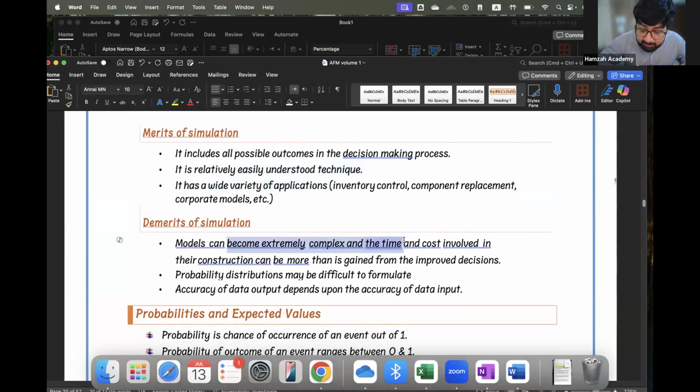Demerits: complex calculation, high cost, data input and collection is very costly. It forms a probability distribution of all possible outcomes; it is a statistical model. And of course, data accuracy: if the data collected is not accurate, it will be a problem, and the output will not be accurate.